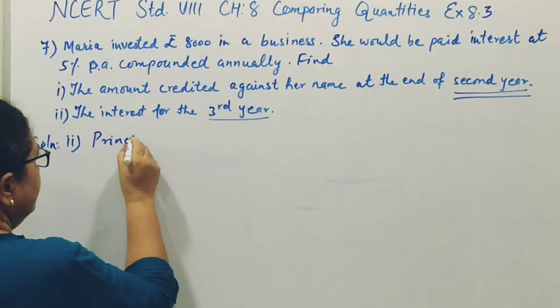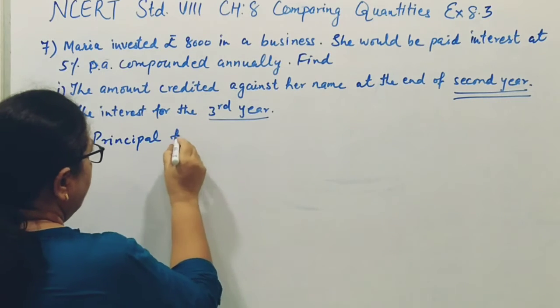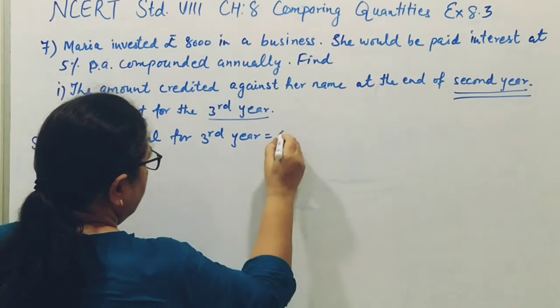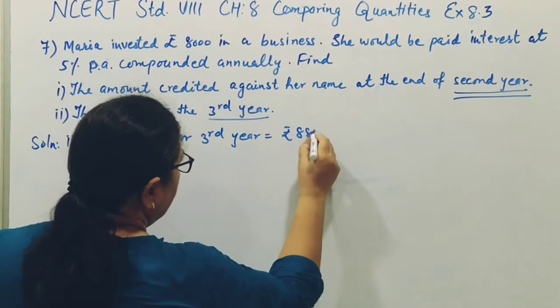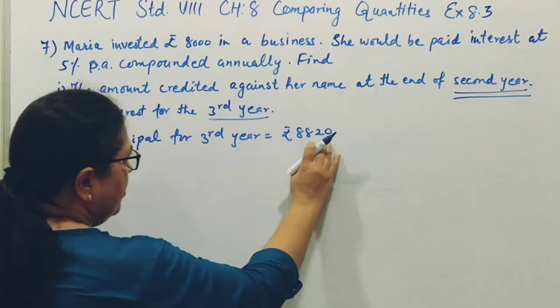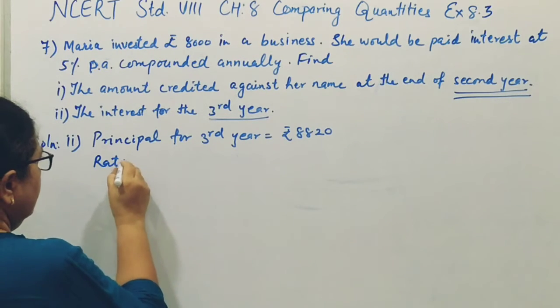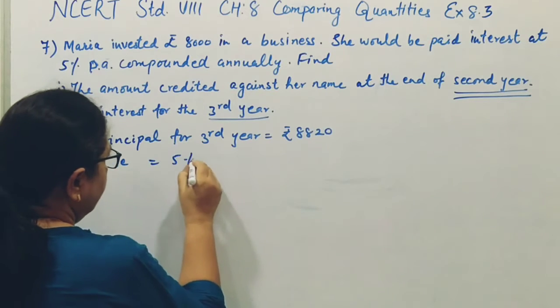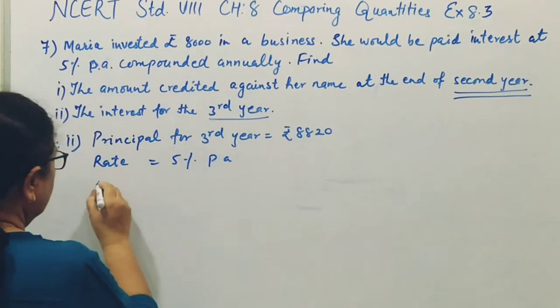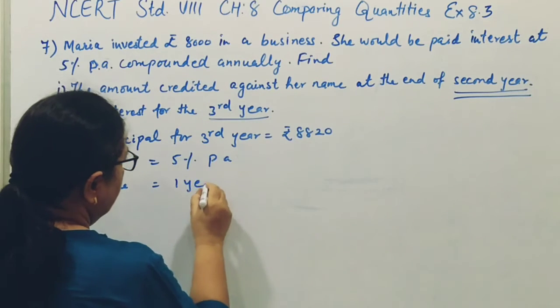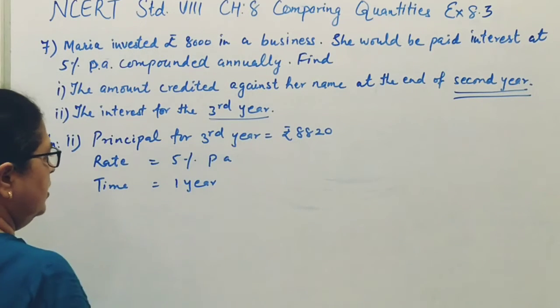Therefore, principal for third year is equal to rupees 8,820, which we have calculated in first part. Rate, 5% per annum. Time, 1 year, that is third year only.